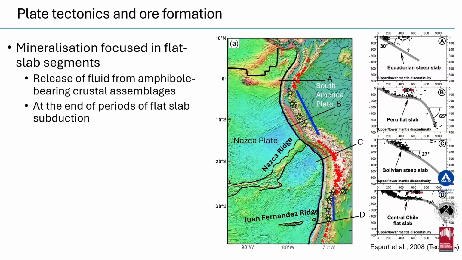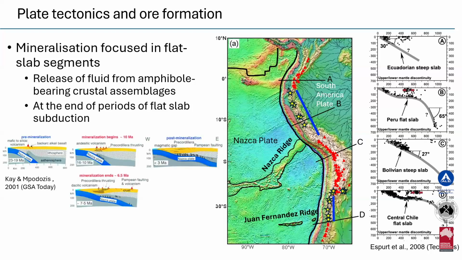We can see that these are the largest porphyry deposits in the Andes that are younger than 18 million years, so concentrating only on the very young deposits. We can see that they overlap perfectly with the areas of flat slab. So people have suggested that the flat slab is a mechanism for ore formation, and that particularly the transition to flat slab is really important because it corresponds to a process of contractional deformation.